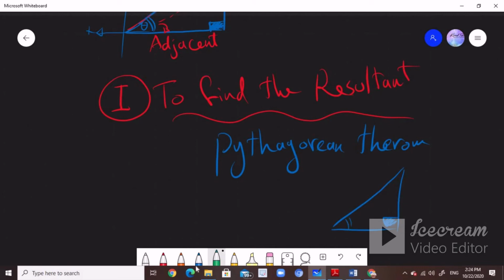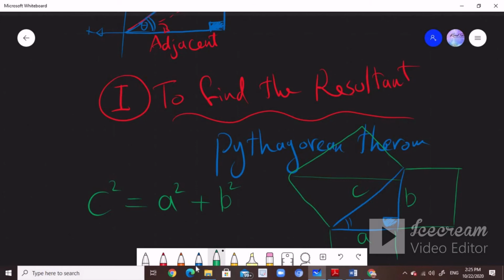The Pythagorean theorem states that for any right angle triangle, the square of the hypotenuse equals the sum of the squares of the other sides. What does it mean? Suppose that is C, that is A, that is B. C squared equals A squared plus B squared.